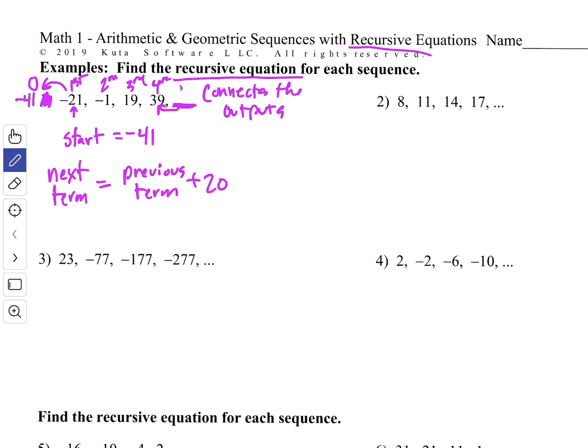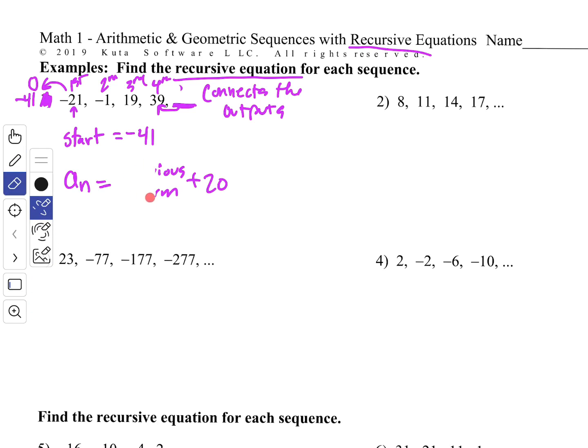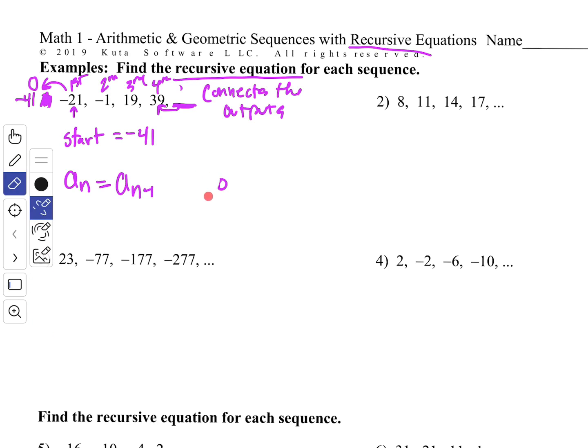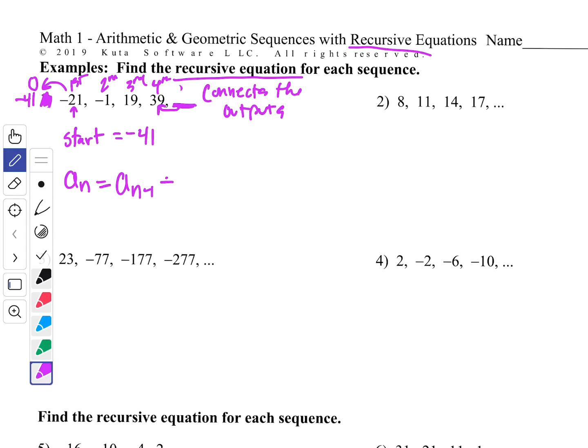Now, in math, we don't like to write these words like this, so we're going to change how we do that. Instead of next term, we're going to put a sub n. Instead of previous term, we're going to do a sub n minus 1, and then plus 20.